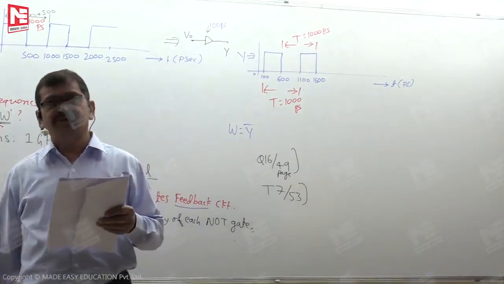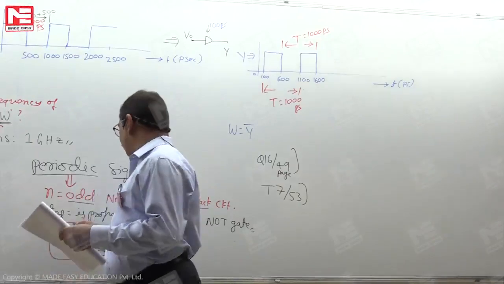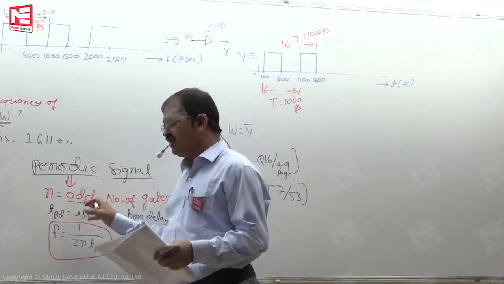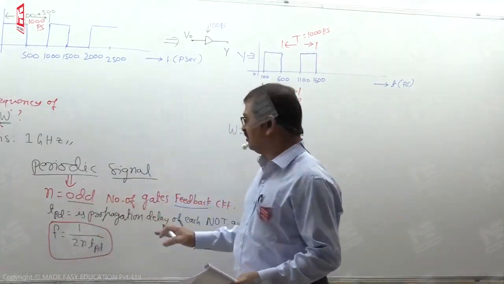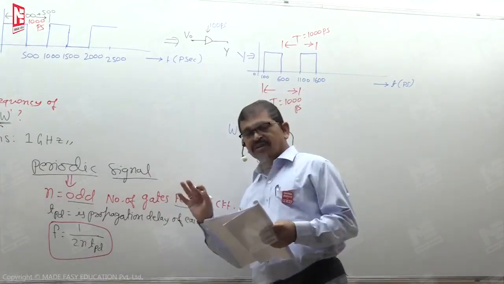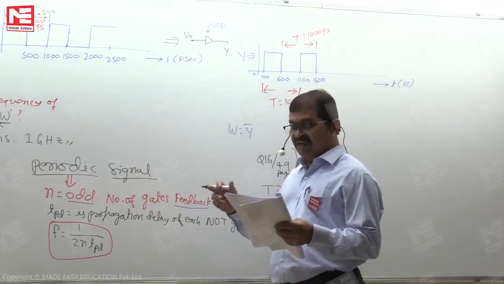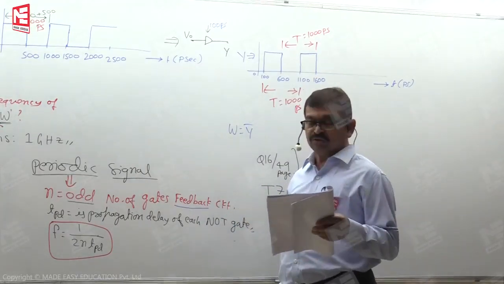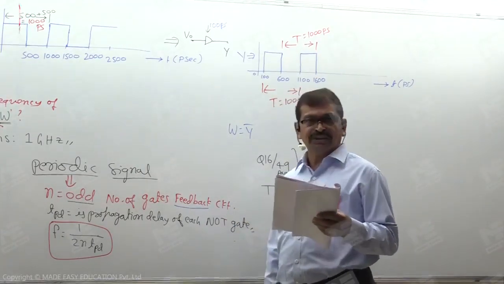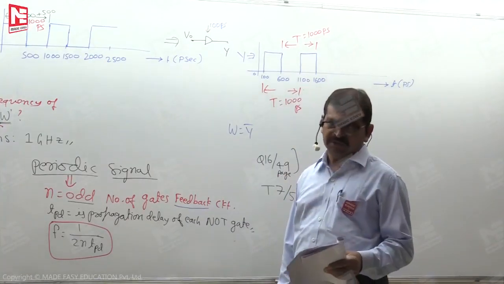If we have an odd number of gates in the feedback circuit, then that circuit can generate a square wave or a clock. For generating a clock, the exclusive OR must operate as a NOT gate.